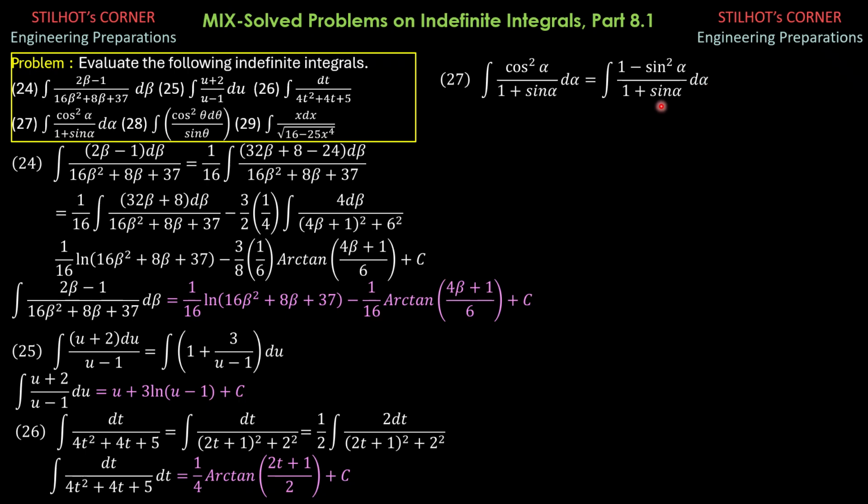Then over 1 plus sine alpha, cancel out 1 plus sine alpha. So this is now the integral of (1 minus sine alpha) differential alpha. The integral of differential alpha is alpha, while the integral of negative sine alpha differential alpha is cosine of alpha. So the final answer is alpha plus cosine of alpha plus c.